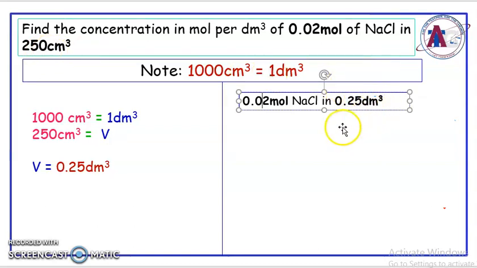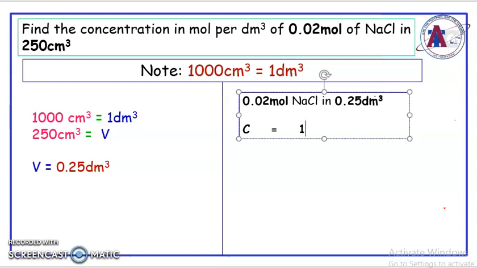So if that is true, what we should ask ourselves now is, the concentration in 1 dm³ is our molar concentration, right? So if 0.02 mole is in 0.25 dm³, what will be the mole in 1 dm³? That mole in 1 dm³ is our molar concentration.